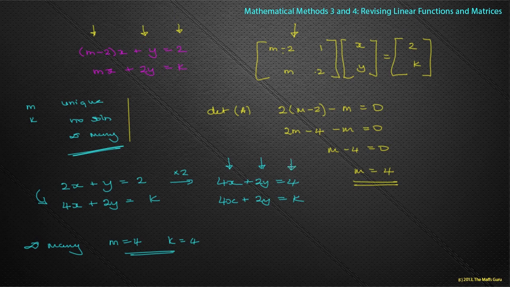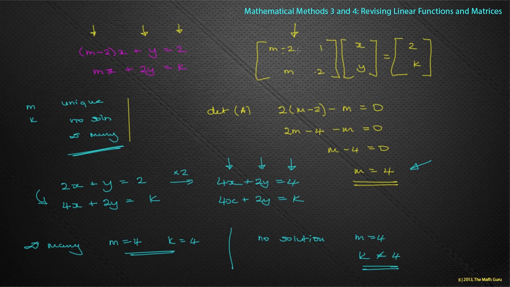So there you go. That helps us by saying that no solution, where the lines are parallel, will be given by m equals 4, and k is not equal to 4. So infinitely many solutions: m equals 4, k equals 4. No solutions: m equals 4, k isn't equal to 4, and all of this was found by taking the determinant of this here.